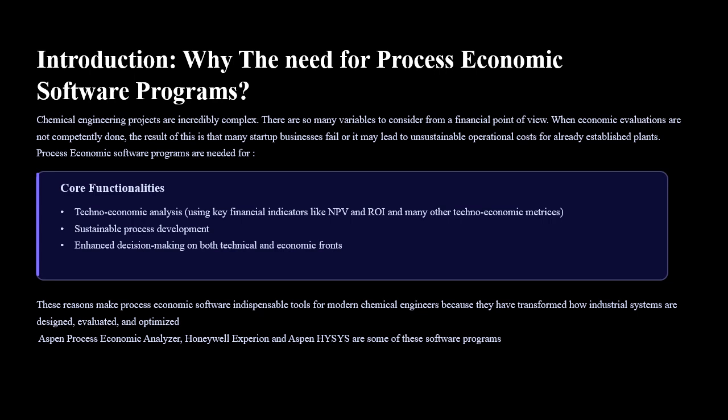This keeps everyone happy in the company. These reasons make process economic software tools indispensable for modern chemical engineers, because they have transformed how industrial systems are designed, evaluated, and optimized. Aspen Process Economic Analyzer, Honeywell UniSim, and Aspen HYSYS are some of these software programs.